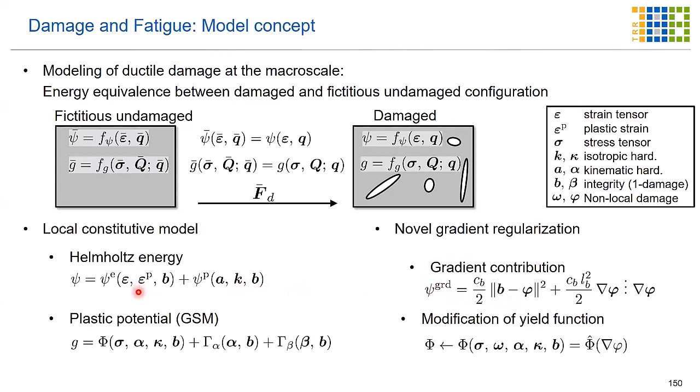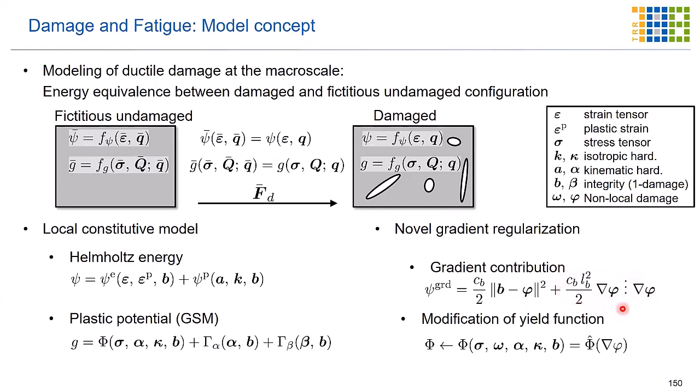So again, talking about damage models, this is a local approach here. This is a more sophisticated and adapted plasticity description, but this gradient contribution now uses a different field for the integrity here, phi, and then adds a gradient of this phi variable.